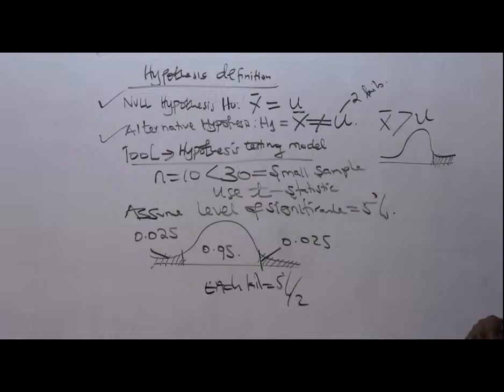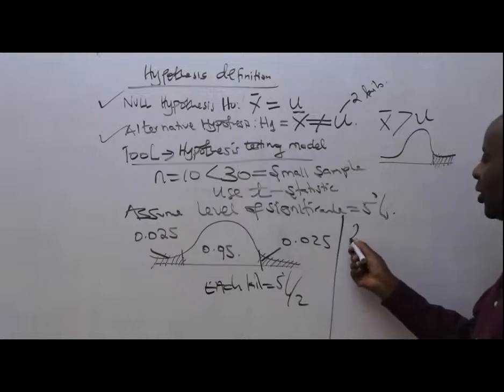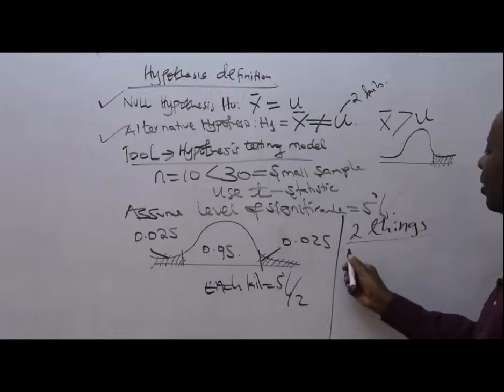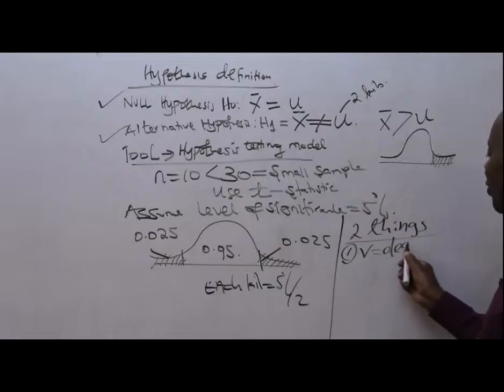Now, ladies and gentlemen, having been able to draw this nicely, I need two things to be able to read from my table. Number 1, I'll need V, the degrees of freedom.